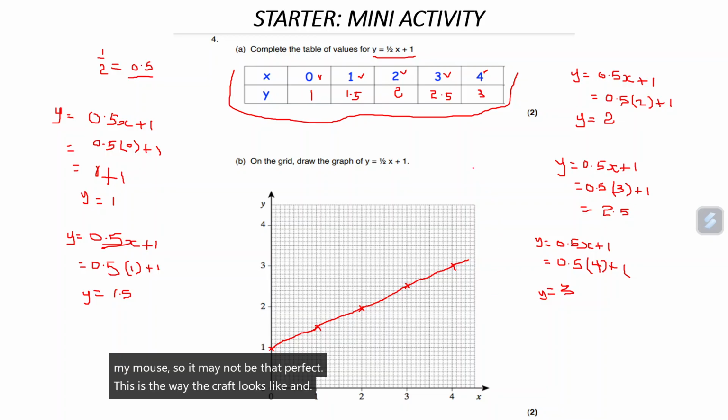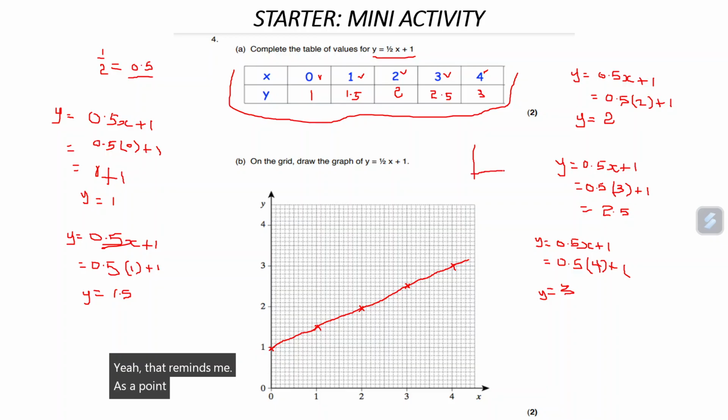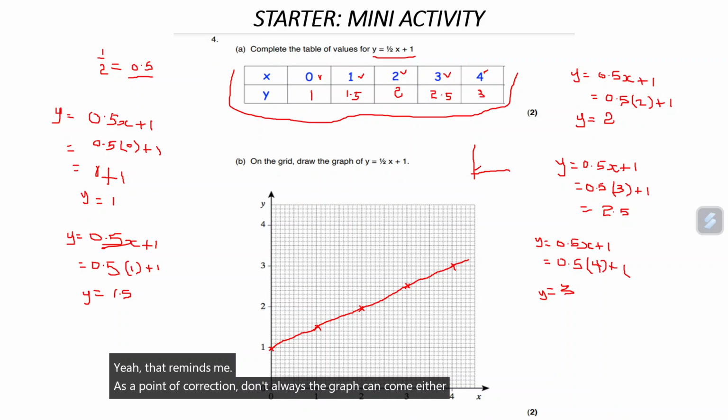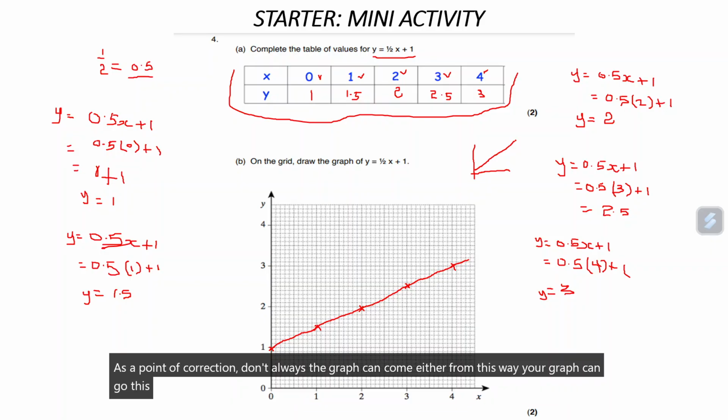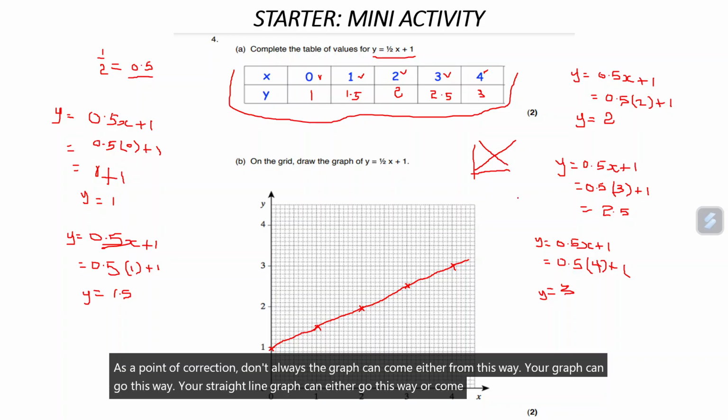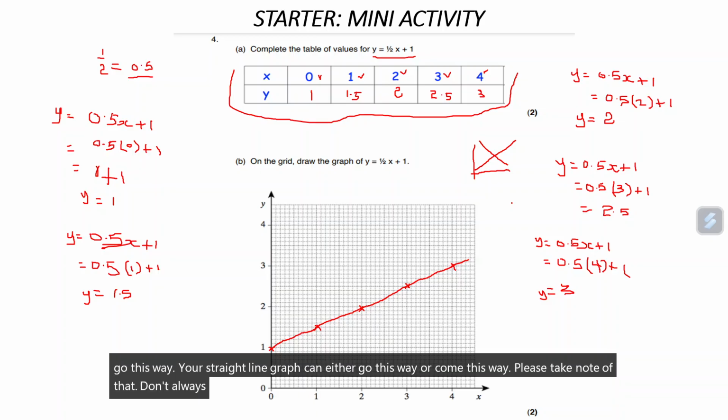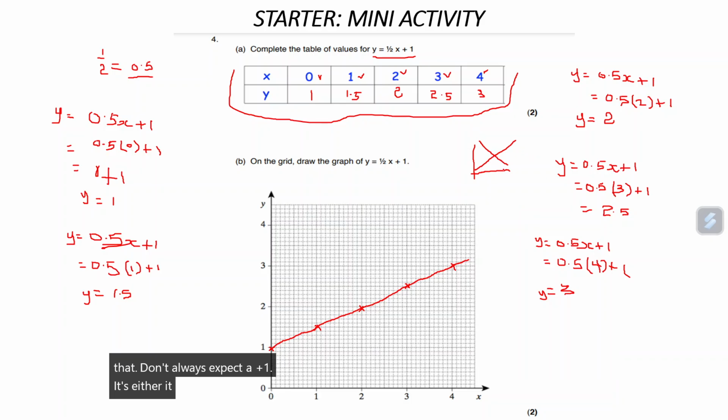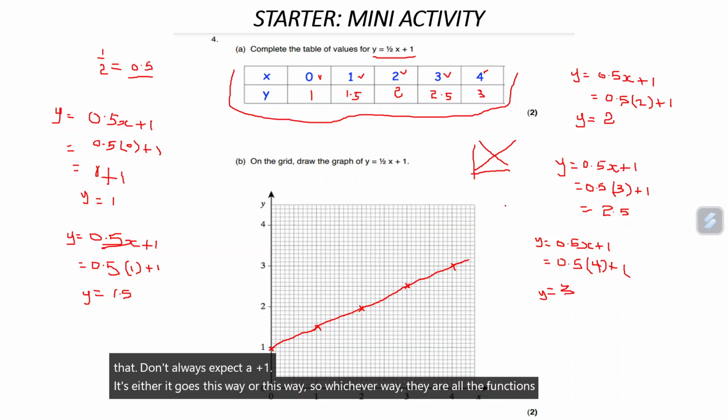As a point of correction, your straight line graph can either go this way or come this way. Please take note of that. Don't always expect a positive one. Whichever way, they are all functions of your table of values.